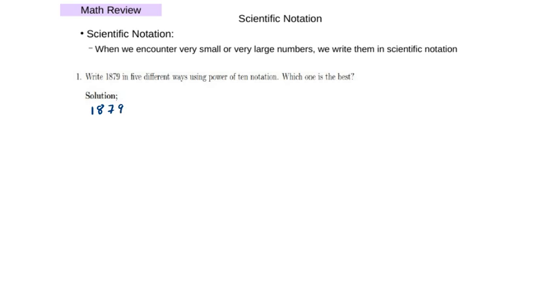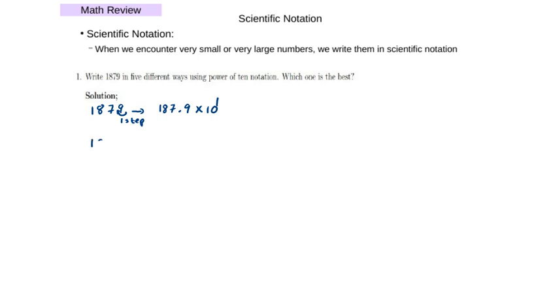That's scientific notation. And to practice it, I want to play around with this number here. This is a nice number. I don't really have to write it in terms of scientific notation. 1879. How many different ways can I write it? Well, this is one way, right? We generally write it this way. This is not a very large or small number, but we'll just practice. So what I can do is move one step backward and write 187.9.